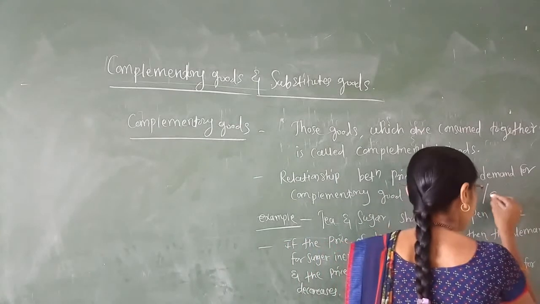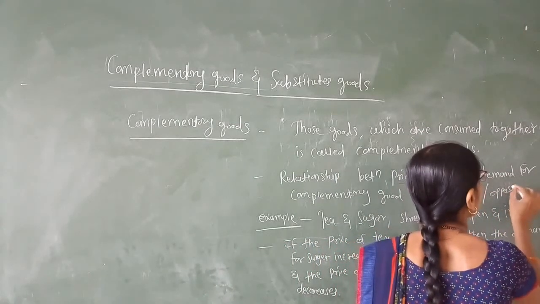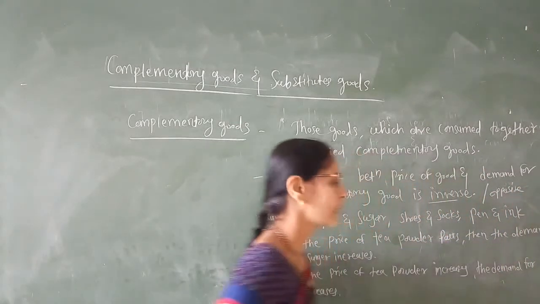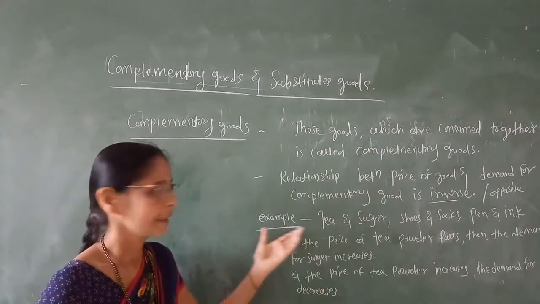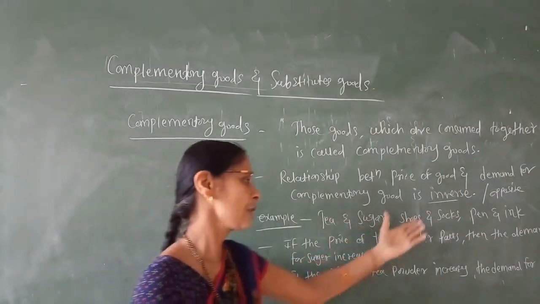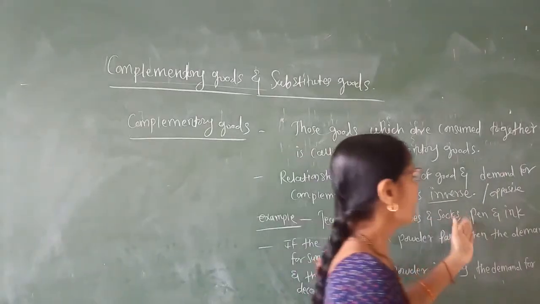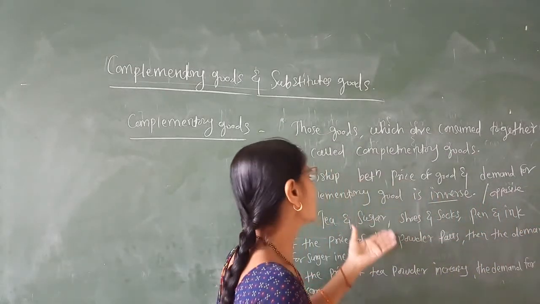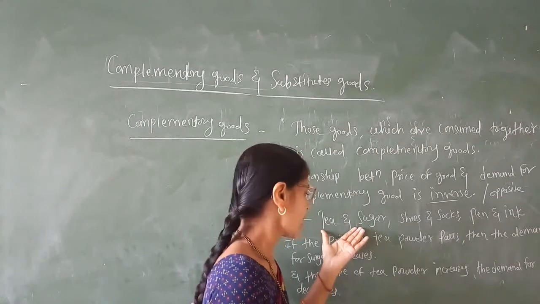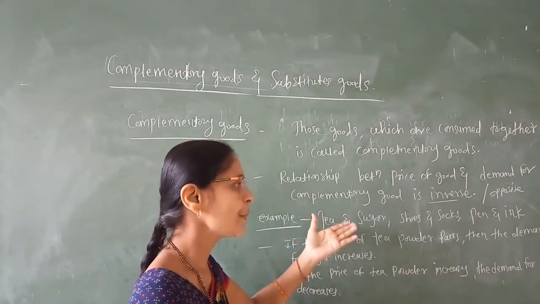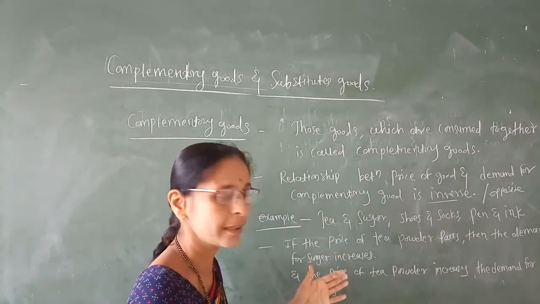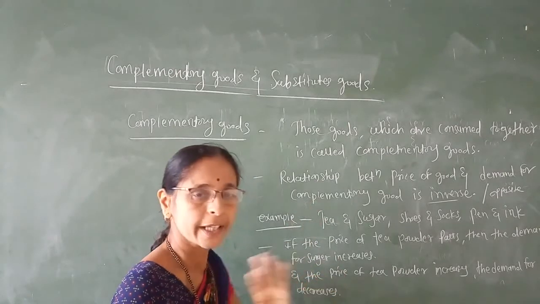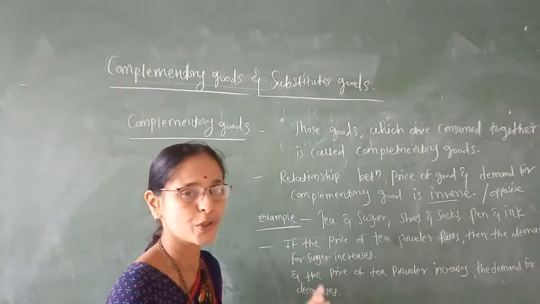Inverse means it is opposite. For example, tea and sugar, or shoes and socks, pen and ink; these goods we use together. And the relationship between the price of these goods and the demand for these goods is inverse, or opposite.